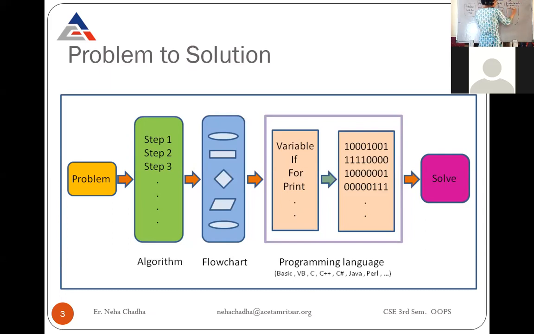Then is the void main section. Then you have to use int a equal to 10, b equal to 20. Here I am using some constant values. c equal to a plus b, then cout, c, getch.